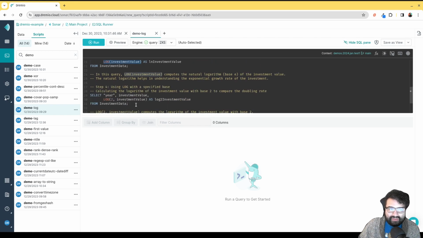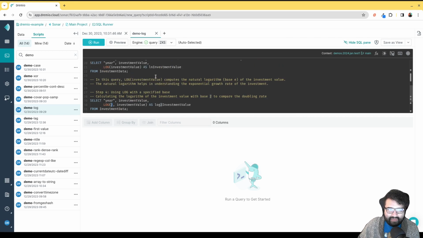In this other query, we do the same thing, except that we can pass in two arguments. Instead of just passing in the value, we can include a base, so it can use that base to do a calculation. A base of 2 is really good for understanding the rate of doubling of the investment.